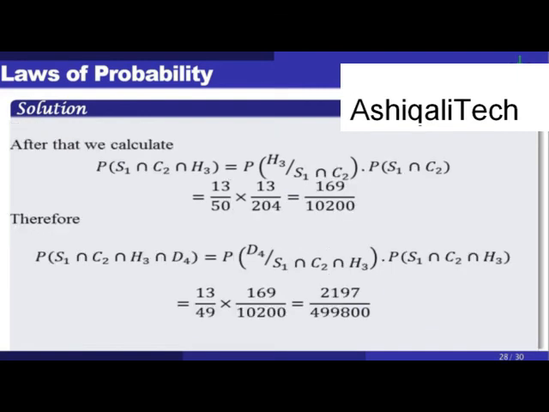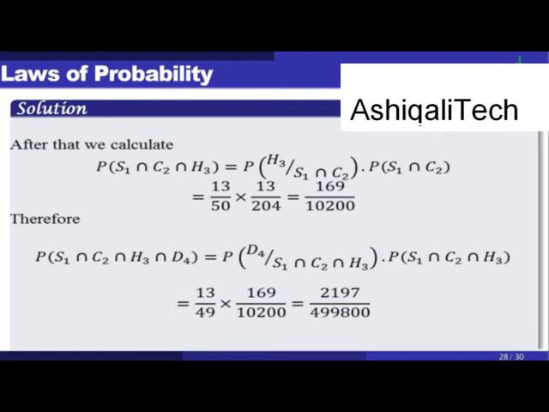Dear students, after that we calculate probability of S1 intersection C2 intersection H3, which is equal to probability of H3 given S1 intersection C2, which we have already calculated, times probability of S1 intersection C2. So putting the values, we get 169 over 10200.